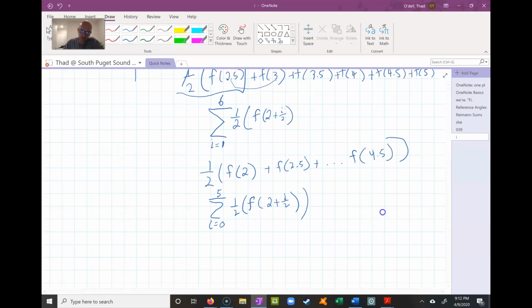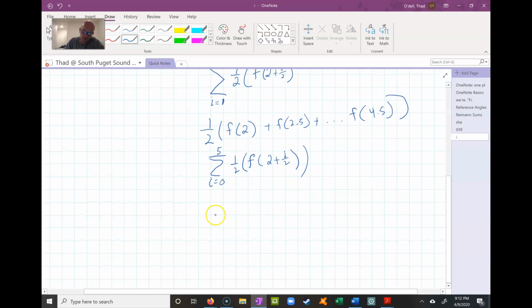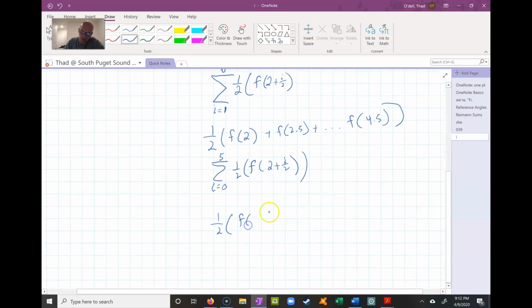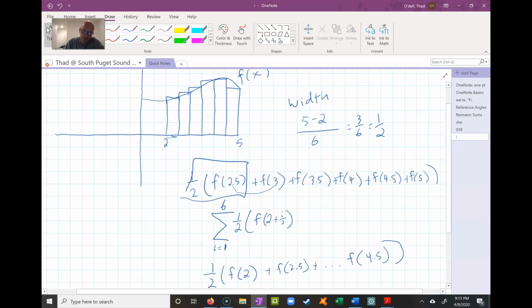And now let's do the most challenging one. What if we wanted to do the midpoint formula? So that would be 1/2, of course, still on the outside. And the first thing I'm going to plug in is that middle value right there, right?